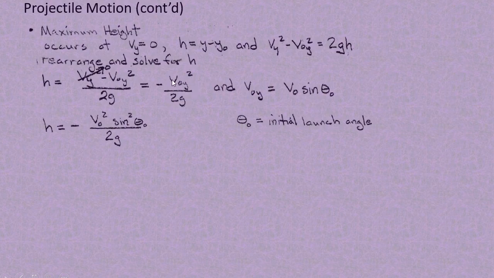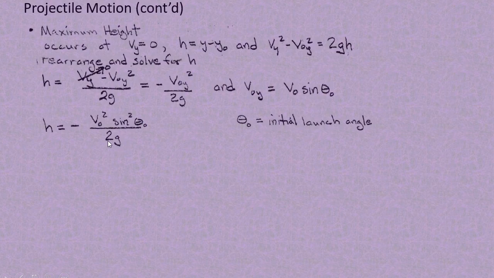We can replace v sub naught y, the vertical component of initial velocity, with the total initial velocity, because we know that v sub naught y is equal to the initial velocity times sine theta. We make that substitution and we're left with the maximum height is equal to negative v sub naught squared times sine squared theta. Notice this is not squaring the theta, this is taking the quantity sine theta sub naught and squaring it, divided by 2g.